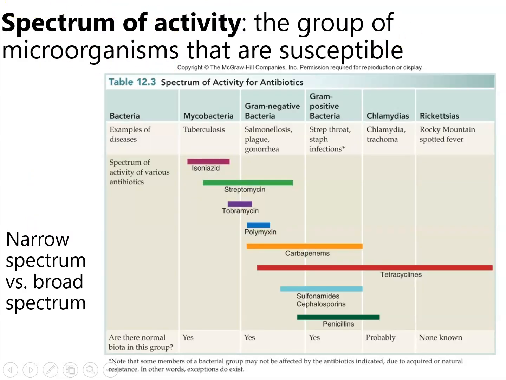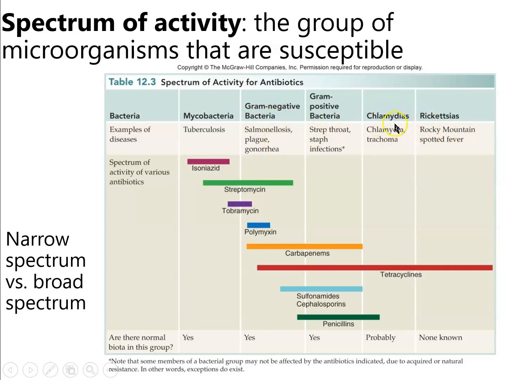The spectrum of activity is another important concept. So think about these different groups of bacteria, for example, gram-negatives, gram-positives, chlamydias. So this is all the gram-negatives that aren't chlamydias or rickettsias.